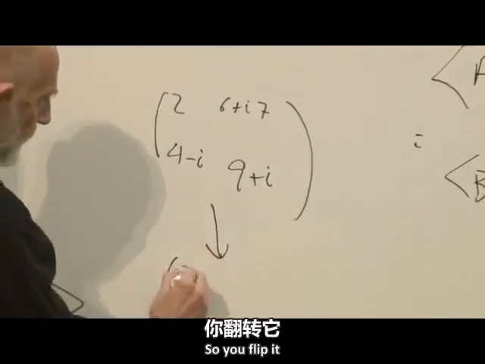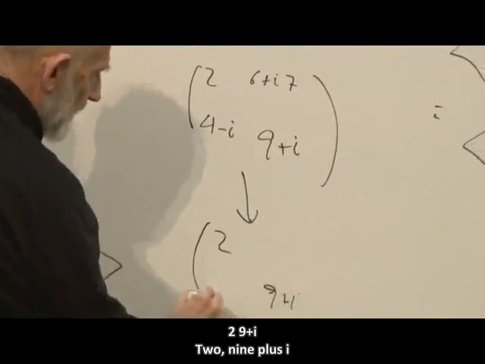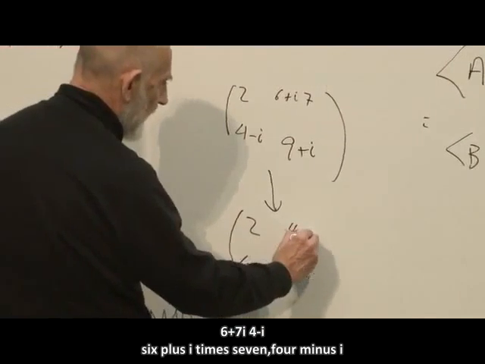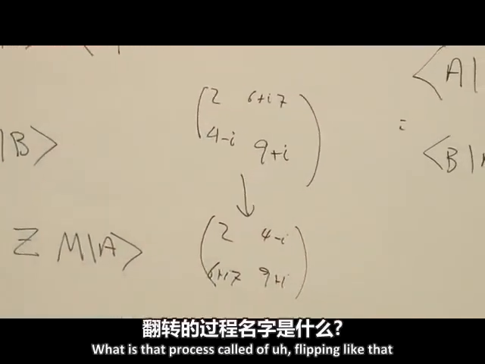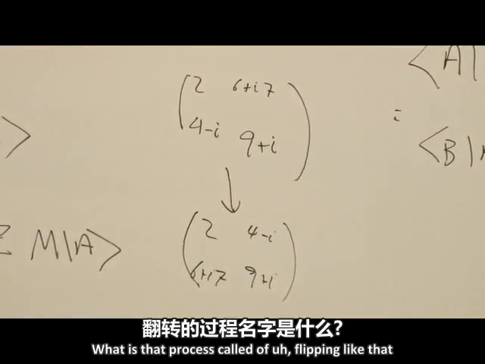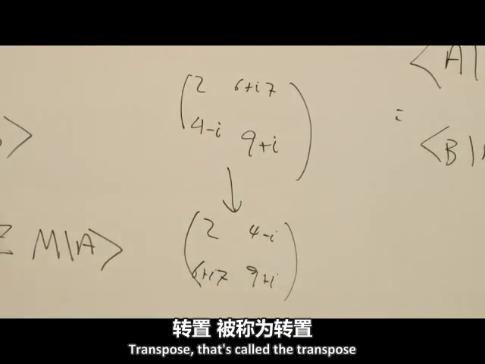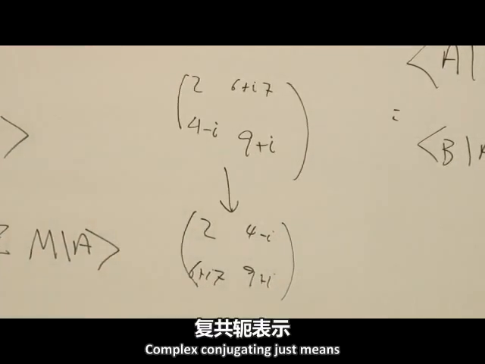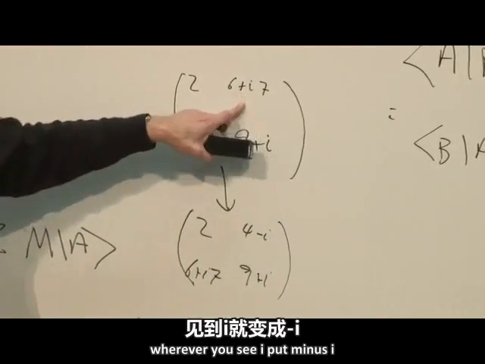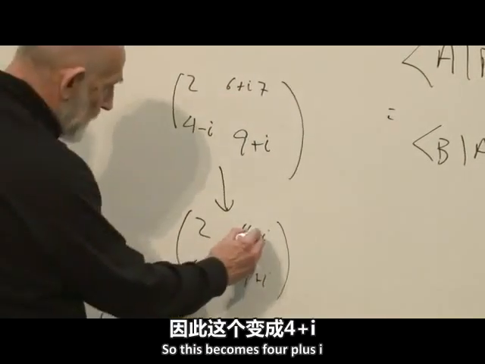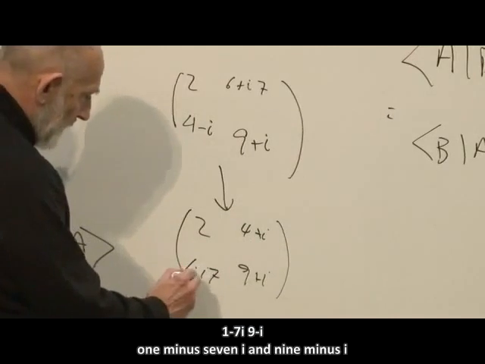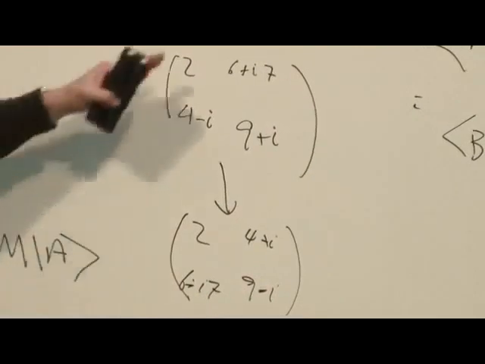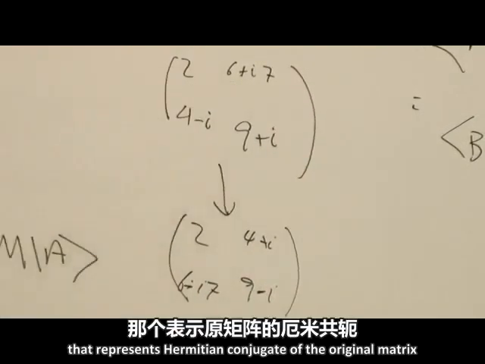So you flip it: 2, 9 plus I, 6 plus I times 7, 4 minus I. What is that process of flipping it like that called? Transpose. That's called a transpose. So flipping it is a transpose, but then you have to complex conjugate it. Complex conjugating just means wherever you see I, put minus I. So this becomes 4 plus I, 1 minus 7I, and 9 minus I. And that's the matrix that represents the Hermitian conjugate of the original matrix.